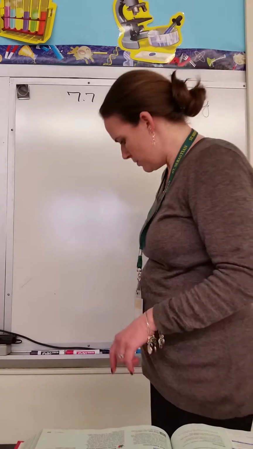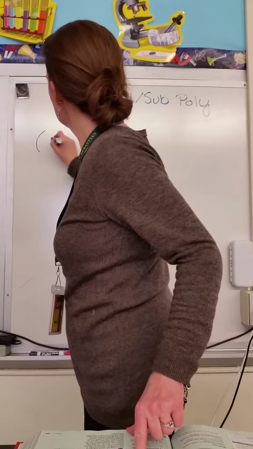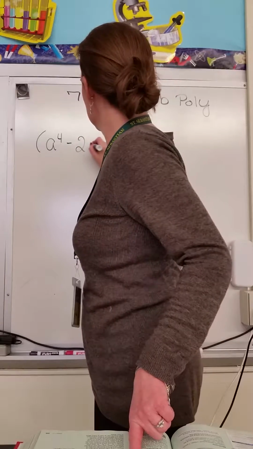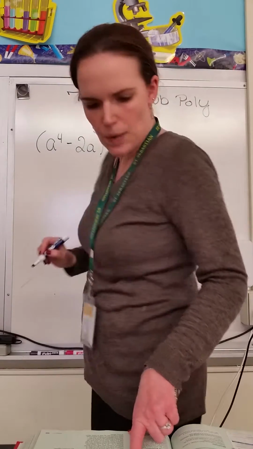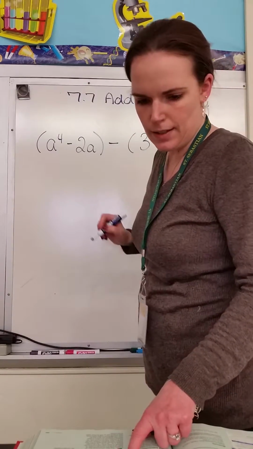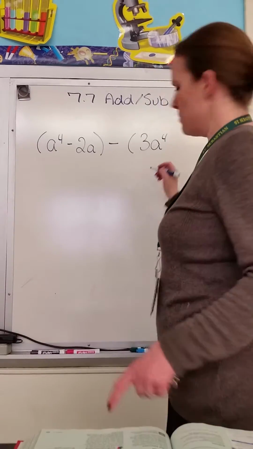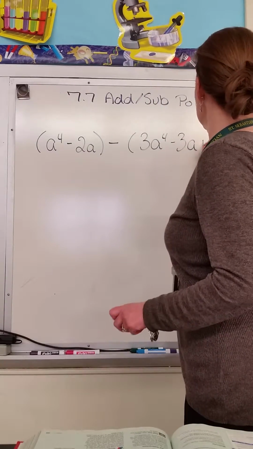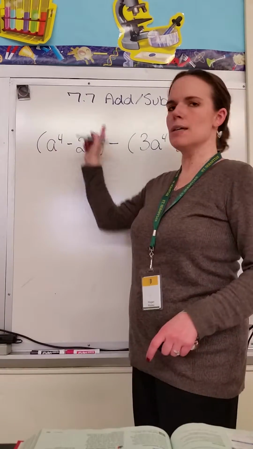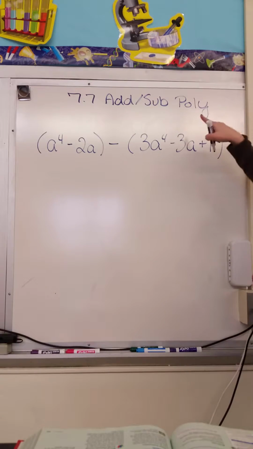So let's say you're subtracting a to the fourth minus 2a, and I'm subtracting 3a to the fourth minus 3a plus 1. The first thing I would do is look at this, make sure nothing can combine here. Look inside this, make sure nothing can combine.